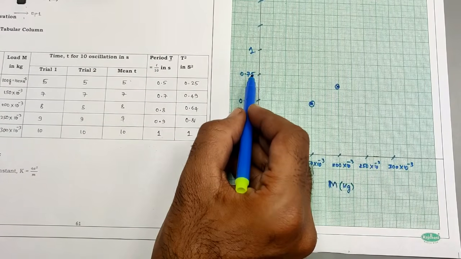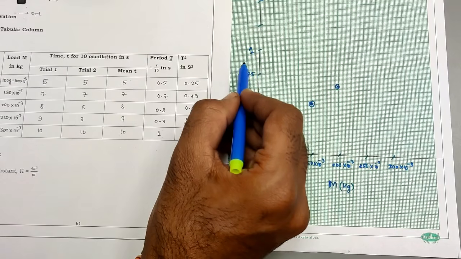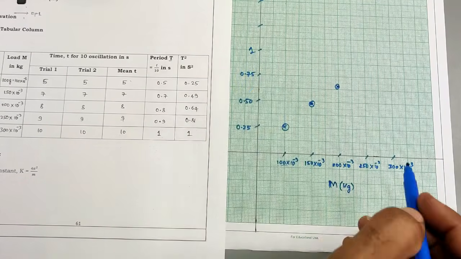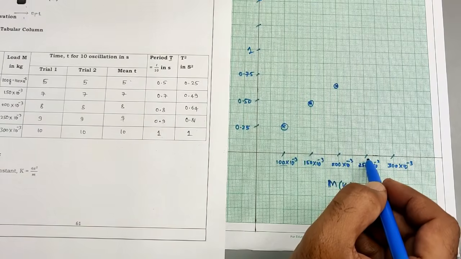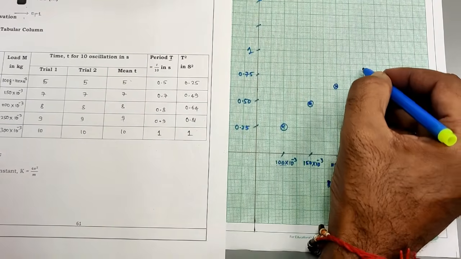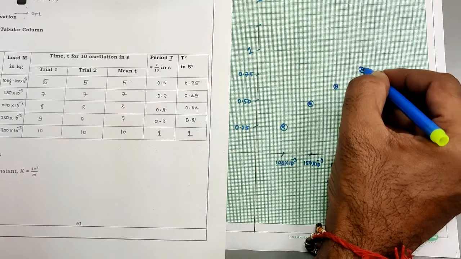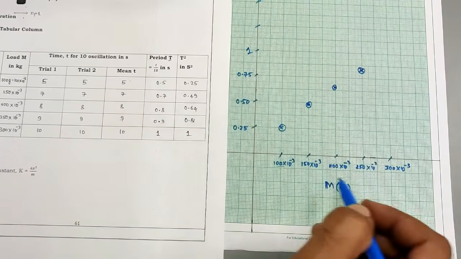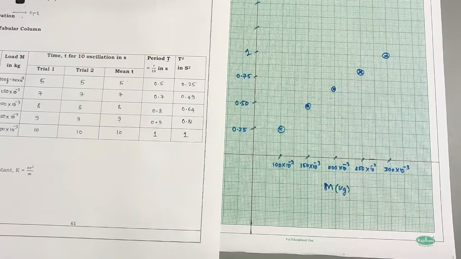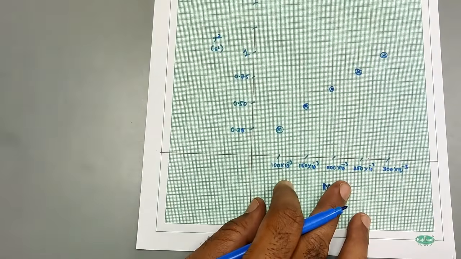See, this is 0.75, this is 1. So 0.81 will be somewhere just above 0.75. So this will be somewhere here for 250, correct? And for 300 it is 1. So 300, here it is 1. Like this we have to plot it, correct? So we have plotted all the values now.